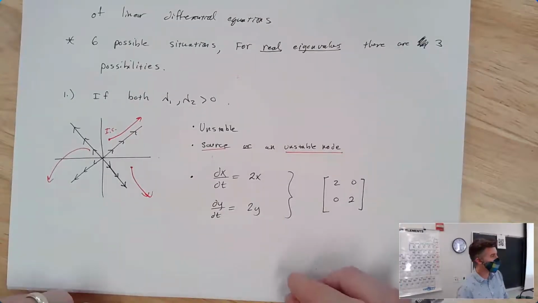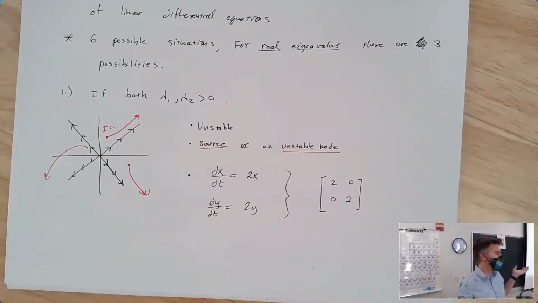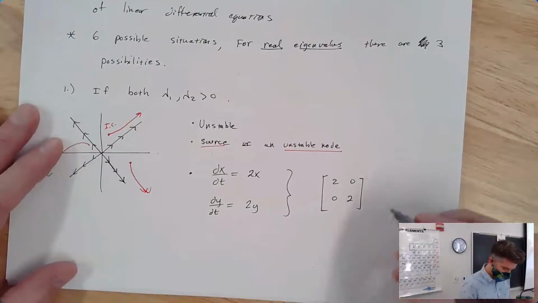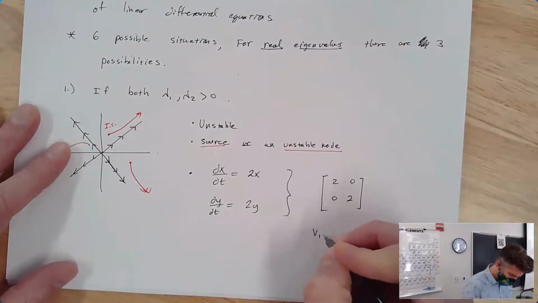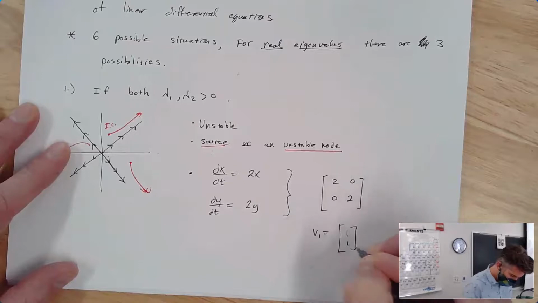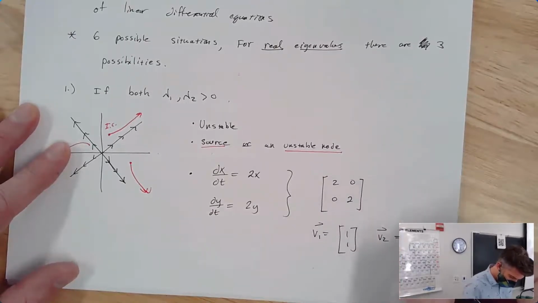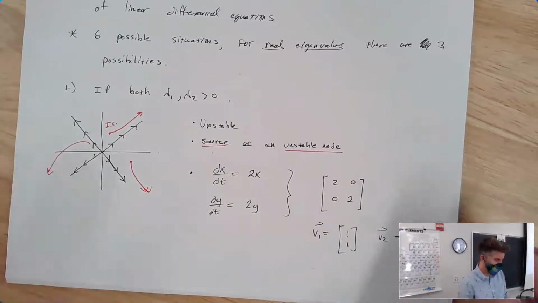And it's really easy to find the eigenvalues. What are the eigenvalues? They're both 2. And the eigenvectors are (1, 1) and (1, negative 1). I know I didn't show the work for them, but that's what they are.